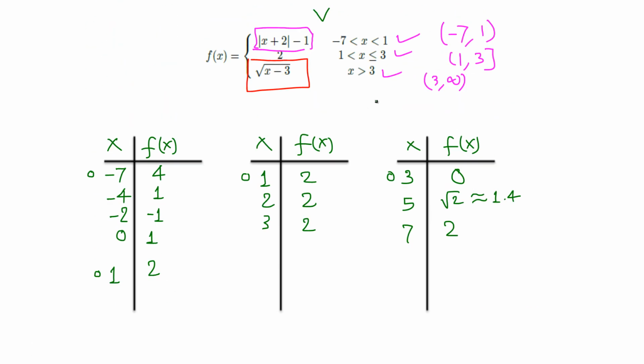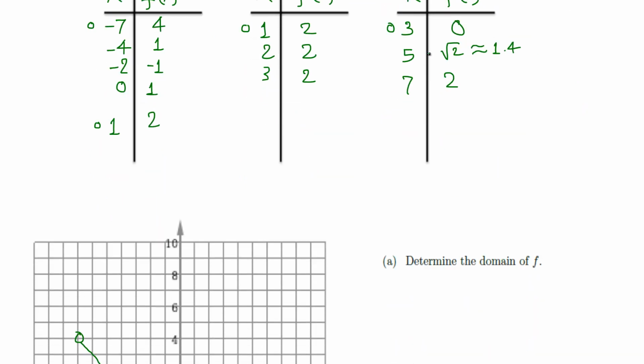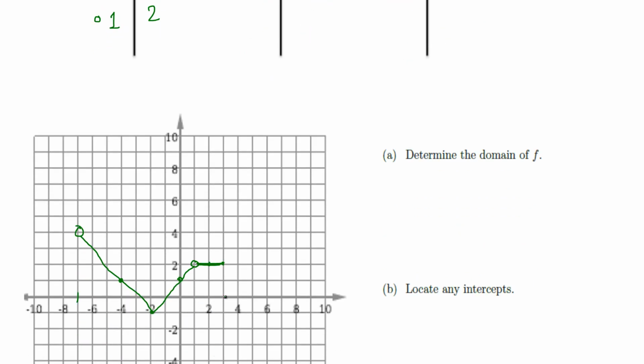Then the third piece is a square root function. We know a square root function is something like this. It's just a shift. The -3 inside means shift 3 units to the right. So 3, 0 is not in the graph, but we can put a circle.